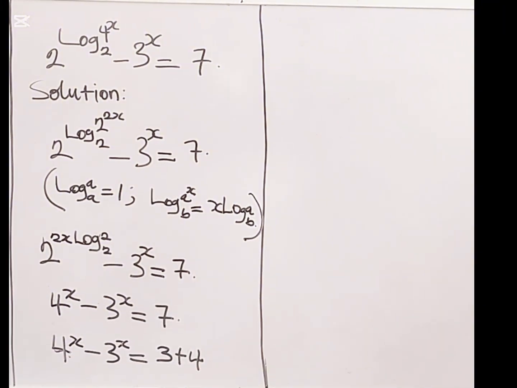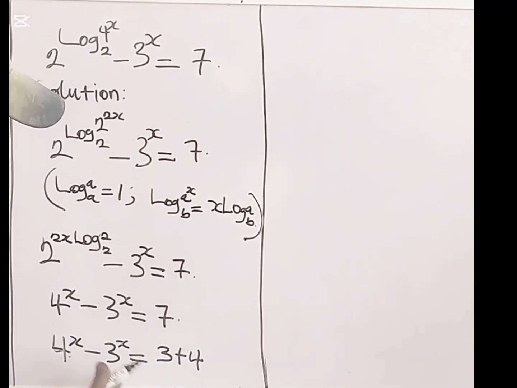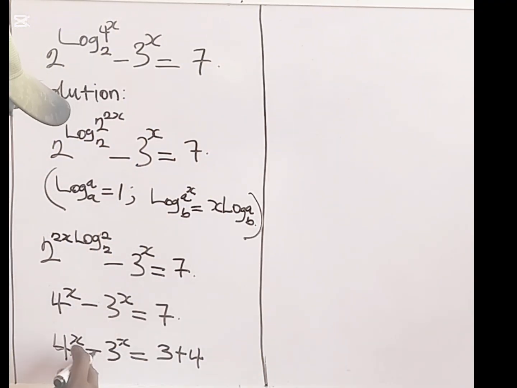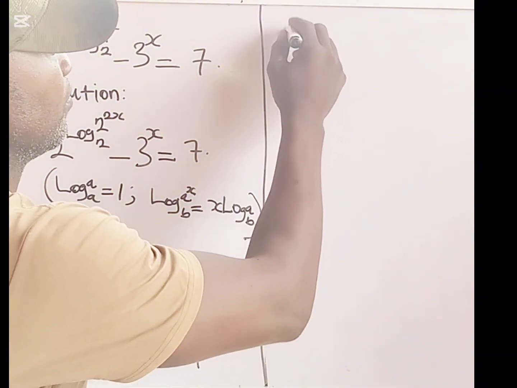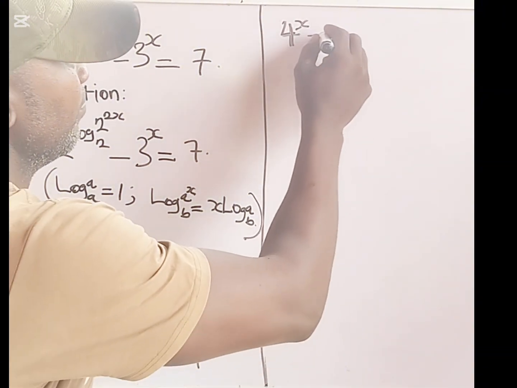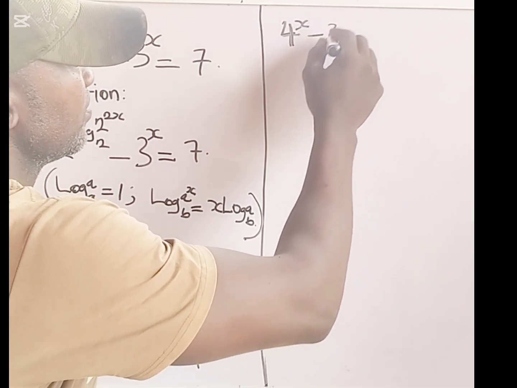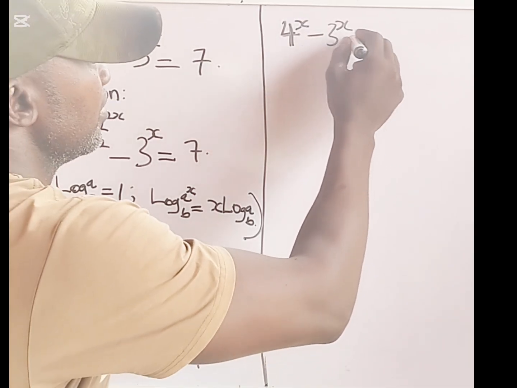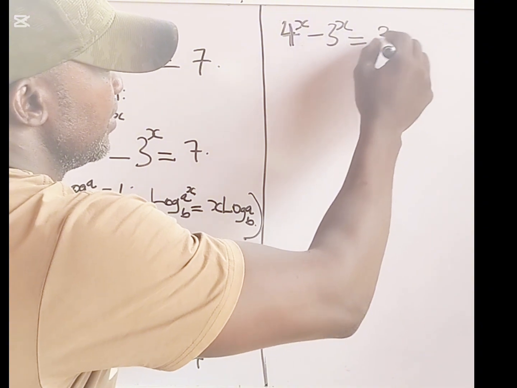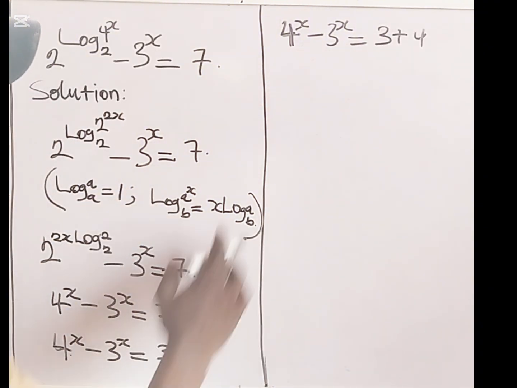So from here, we can go further. This becomes 4 raised to the power of x minus 3 raised to the power of x is equal to 3 plus 4.